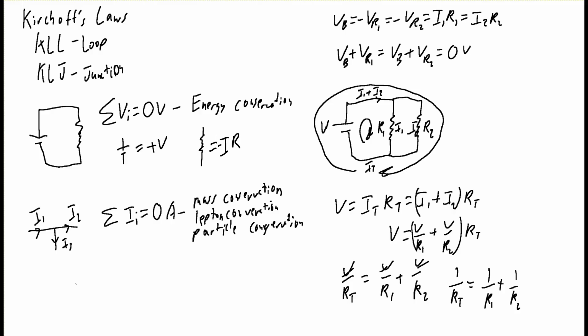In general, when we have parallel resistance, 1 over the total resistance is equal to the sum of 1 over all the parallel resistances.